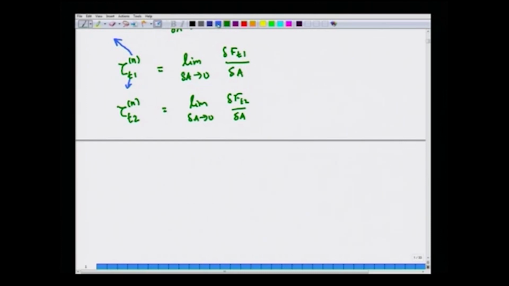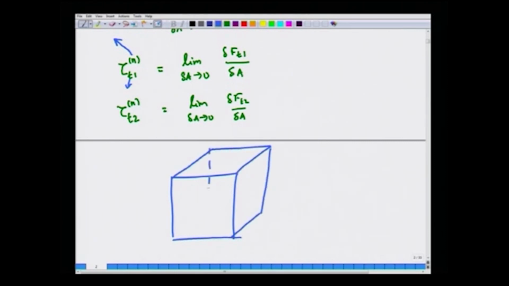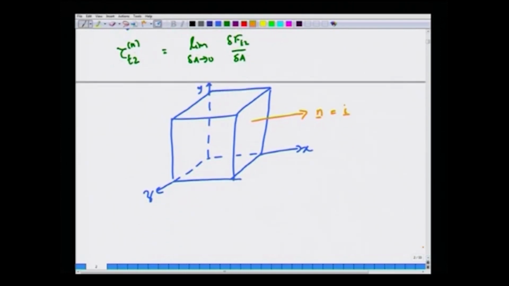But now we have considered a cube with 6 faces in our control volume, x, y and z. So, each face will have 3 components. This face has the unit normal in the plus i direction, and in general the force exerted will have 3 components.